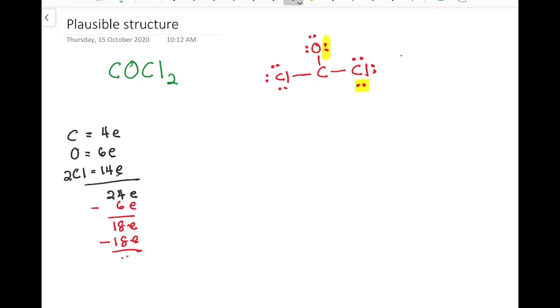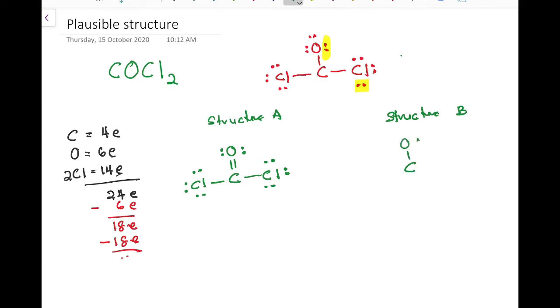Let's say for the first one, I label as structure A, C double bond with O, because it donates 2, leaving 2, and chlorine. And then for structure B, we decide one of the chlorine will donate a pair of the electron to help carbon to become octet.